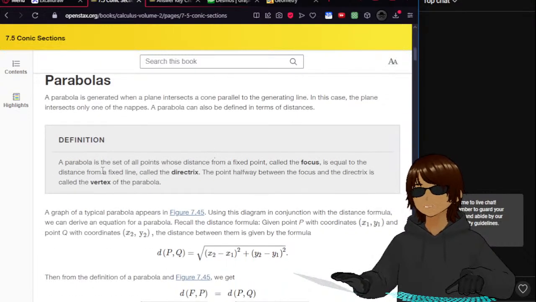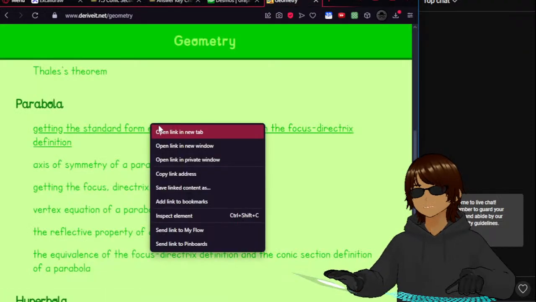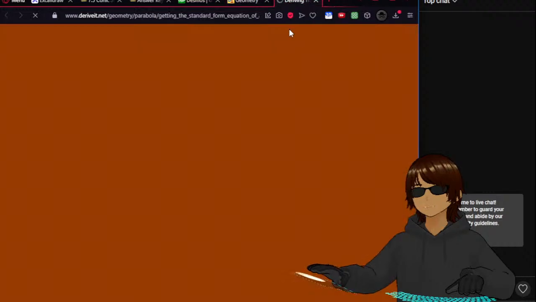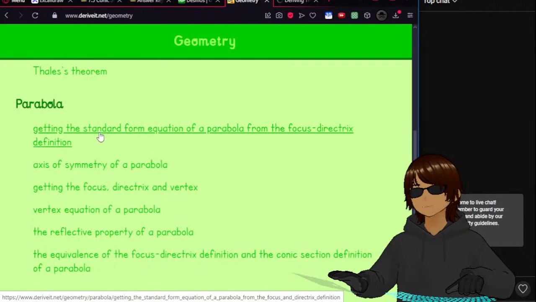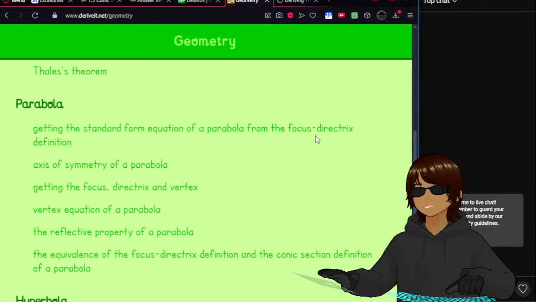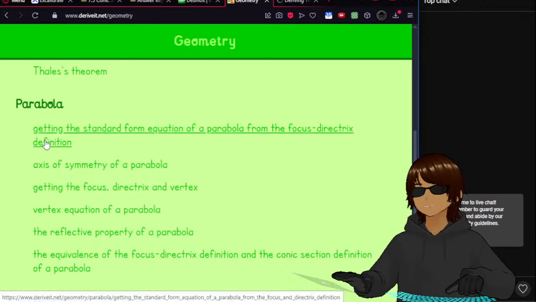A parabola is a set of all points whose distance from a fixed point called the focus is equal to the distance from a fixed line called the directrix. The point halfway between the focus and the directrix is called the vertex of the parabola. Wait, hold on. In this part, I showed the equivalence of the standard form equation and the focus directrix definition.